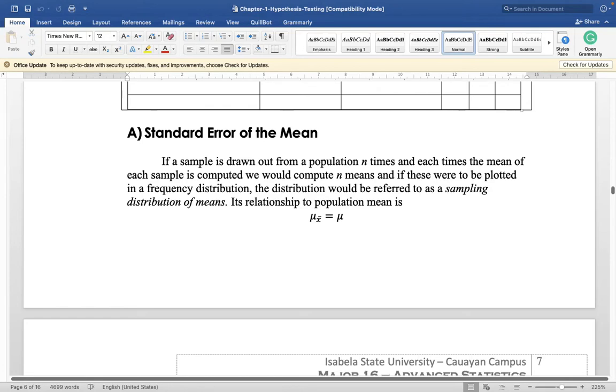And if these were to be plotted in a frequency distribution, the distribution would be referred to as a sampling distribution of means. Remember, your sampling distribution of means, or your sampling mean, is equal to your population mean. And by symbol, it looks like this one.